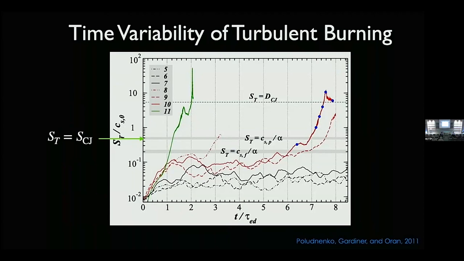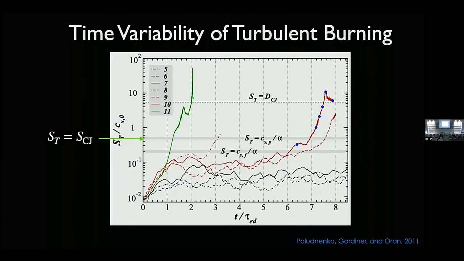And when that speed is exceeded, the flame becomes unstable. The burning rate increases and exceeds the Chapman-Jouguet detonation speed, D_CJ. And in the case, for instance, on the left, you can see that the detonation speed is exceeded, becomes an overdriven detonation, and relaxes back down to a normal detonation speed of D_CJ.